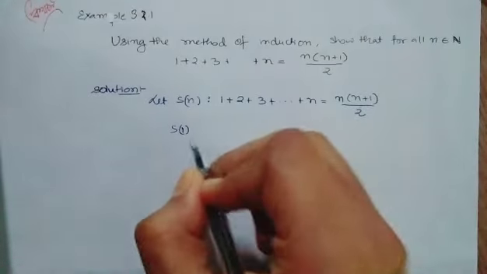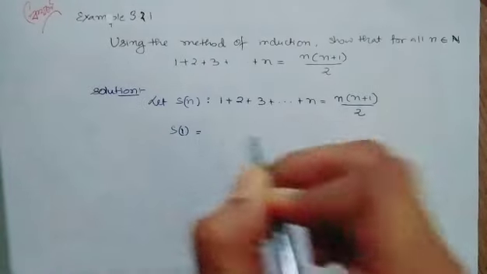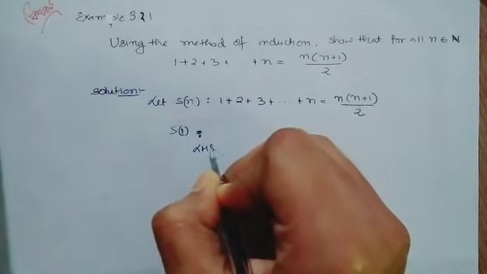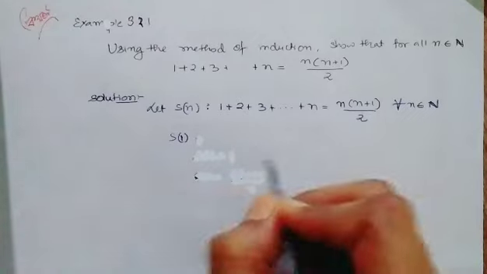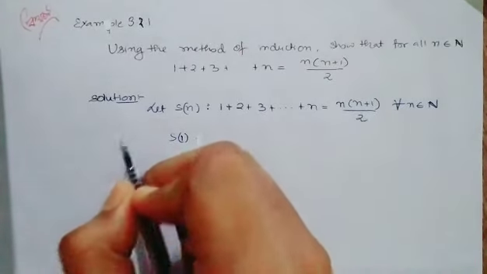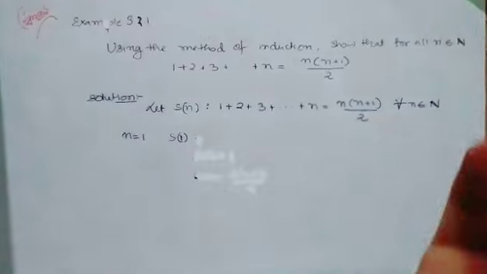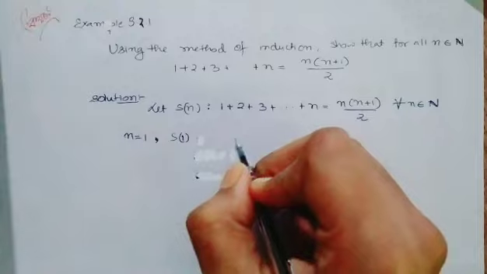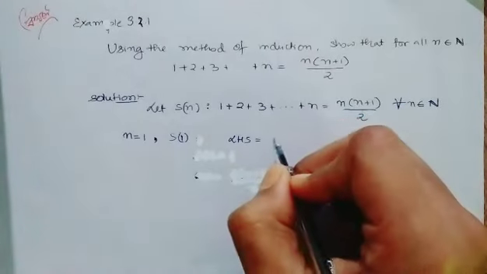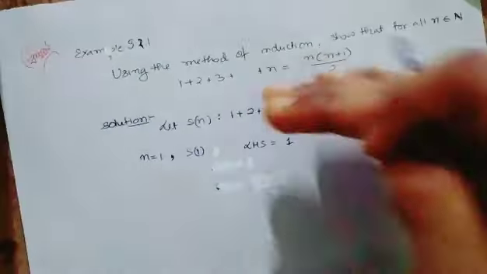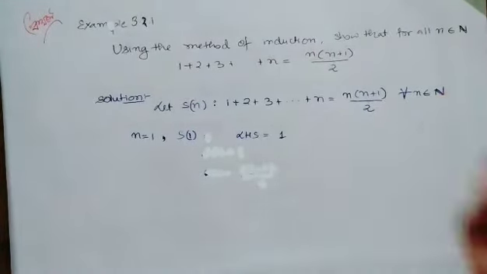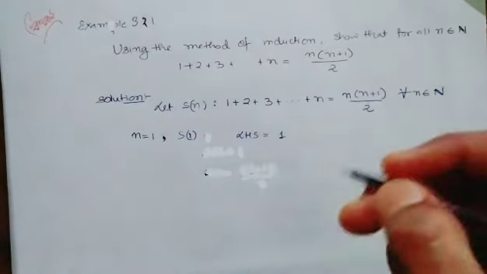So let us first consider S1. At first we consider the first property from mathematical induction, that we verify whether this statement is true for n is equal to 1. For n is equal to 1, the LHS is 1, the least natural number, and we get the LHS as 1.